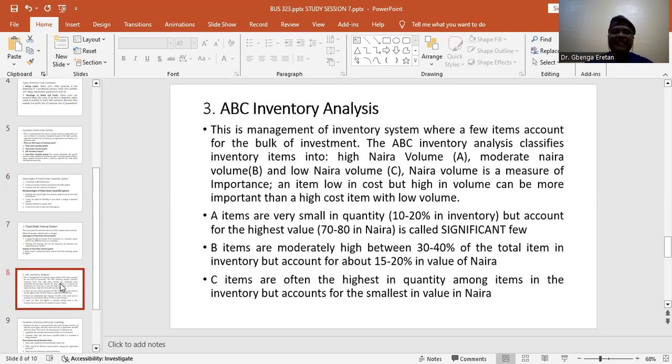Then we'll talk about the last aspect of it, which is the ABC inventory analysis. When you talk about ABC inventory analysis, it's a system of inventory analysis where stocks are categorized into 3.